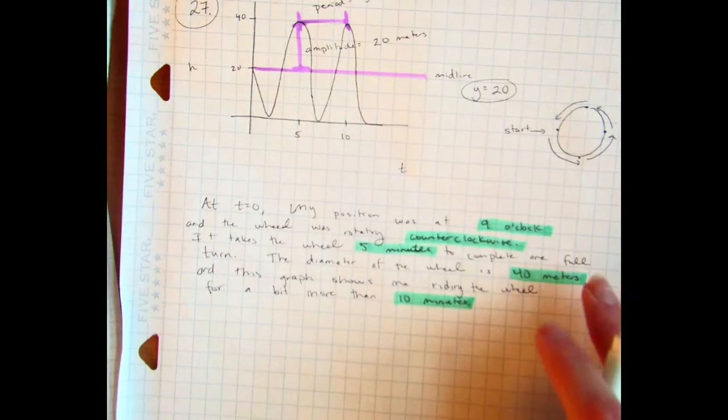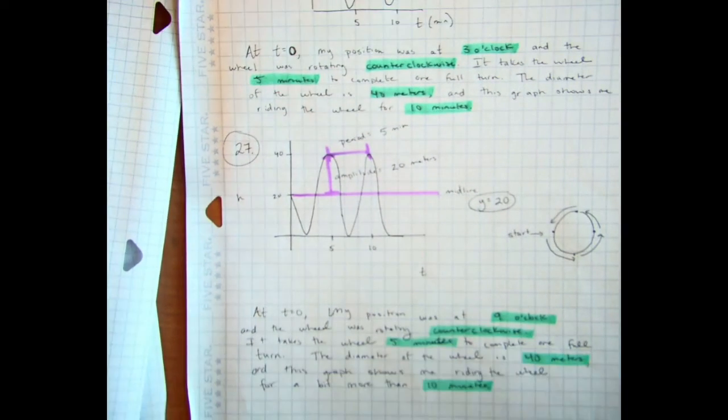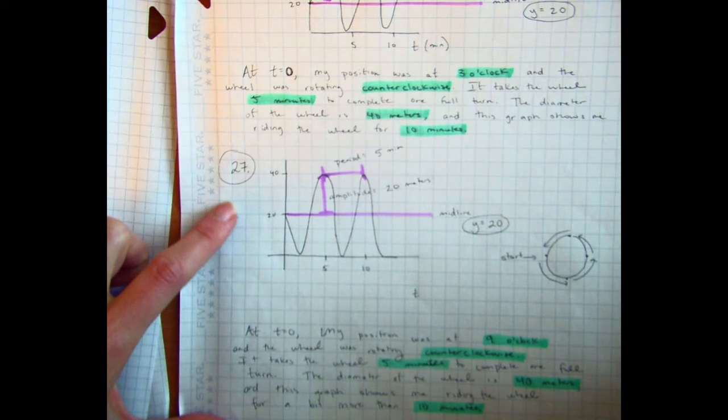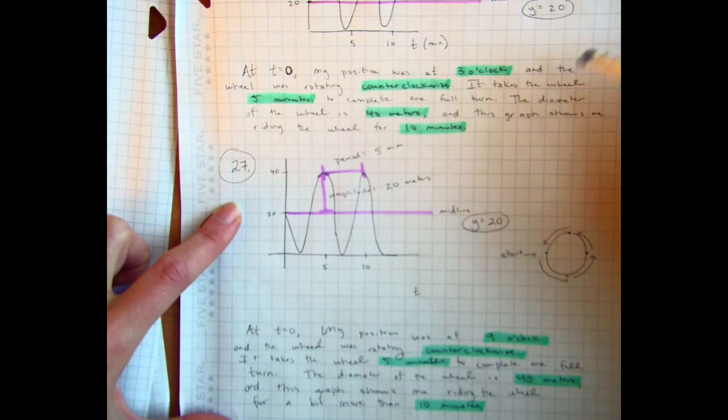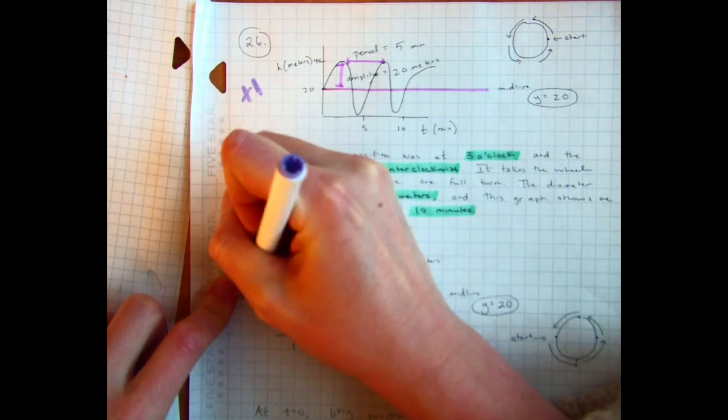All right, and then 26 and 27 are each worth 1 point. For these two, I'm not going to spend too much time in the video, so you'll want to go and look at the answer key to make sure your partner has full, accurate sentences describing the graphs. And those are each going to be worth 1 point. So again, go check the answer key.